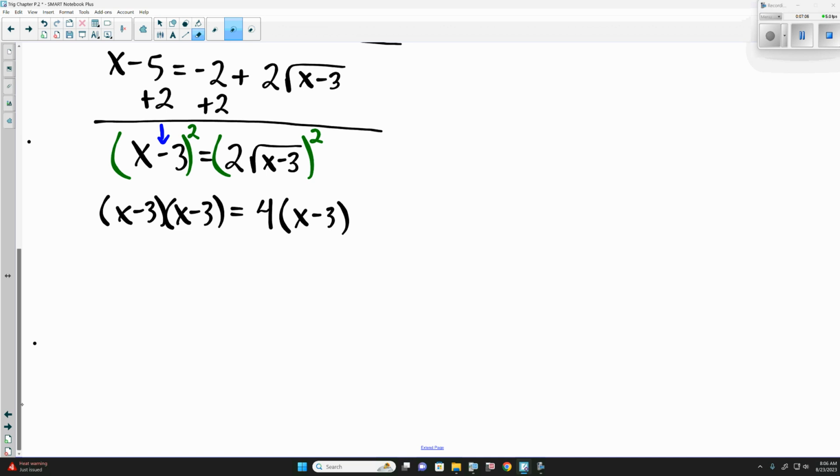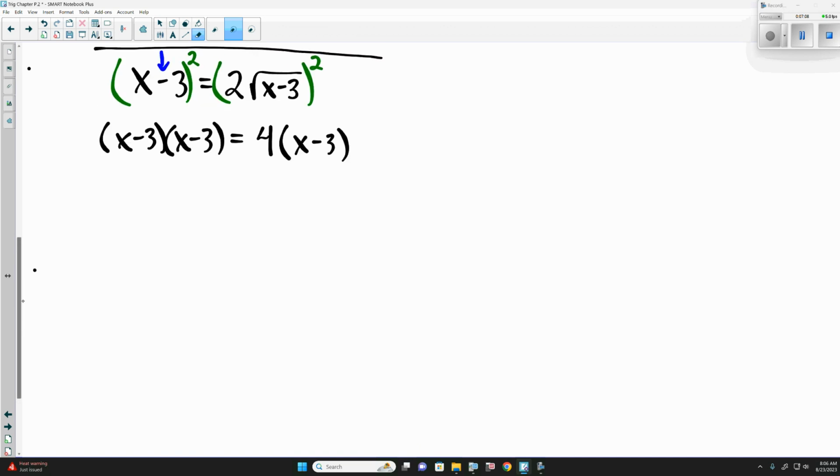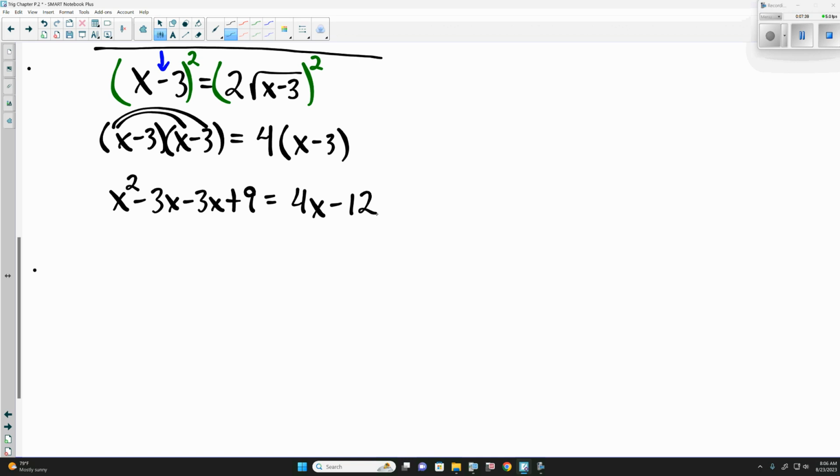Now, if you do run out of space on your page, you can draw an arrow up and make a second column, because this is indeed getting to be a long process. On the left-hand side, we would have x squared minus 3x plus 9 if we multiply this out, because I think at this point we feel comfortable with doing these. On the other side, we can distribute the 4 and get 4x minus 12.